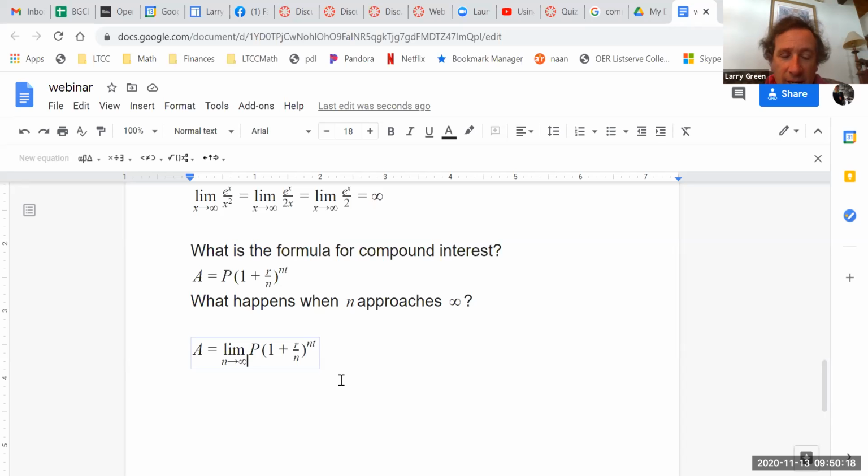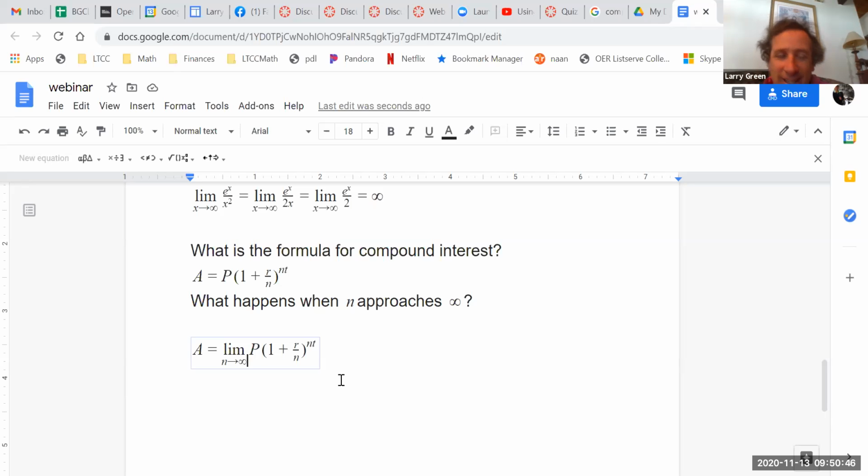Anything over infinity is just 0, so we just get 1. But it's 1 to the nt, and n goes to infinity, so it's 1 to the infinity. What is 1 to the infinity?